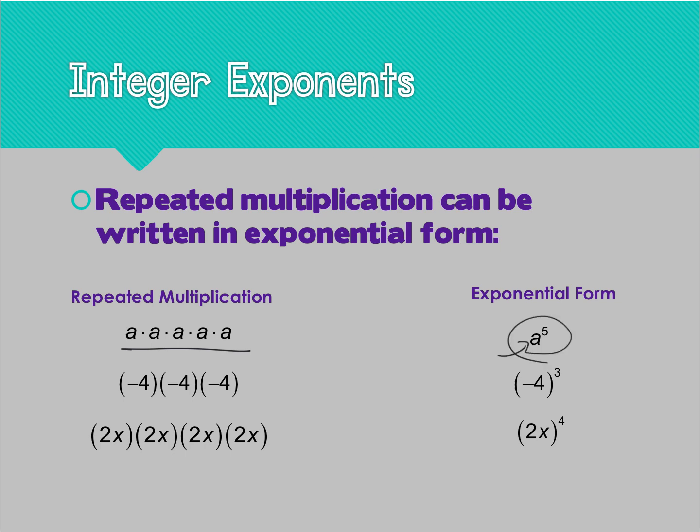A is my base, 5 is my exponent, which means I'm going to multiply the base a times itself 5 times. Same goes for -4 times -4 times -4. I'm multiplying my base of -4 times itself 3 times. And I can even do a combination of terms like 2x. I can do 2x, 2x, 2x, 2x, which means I'm going to multiply the base 2x times itself 4 times.